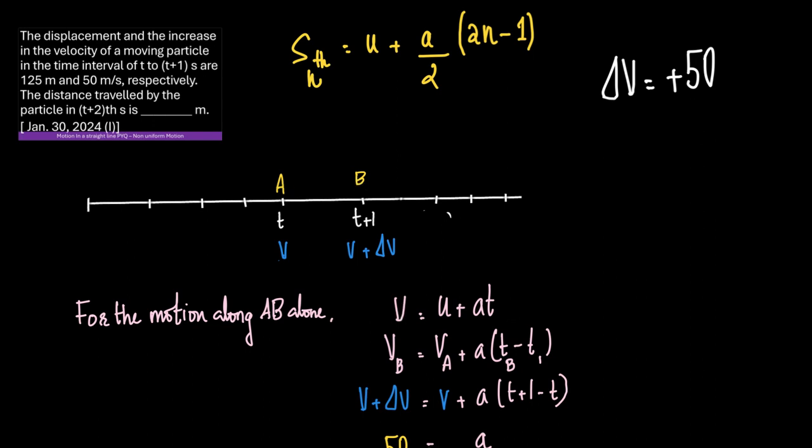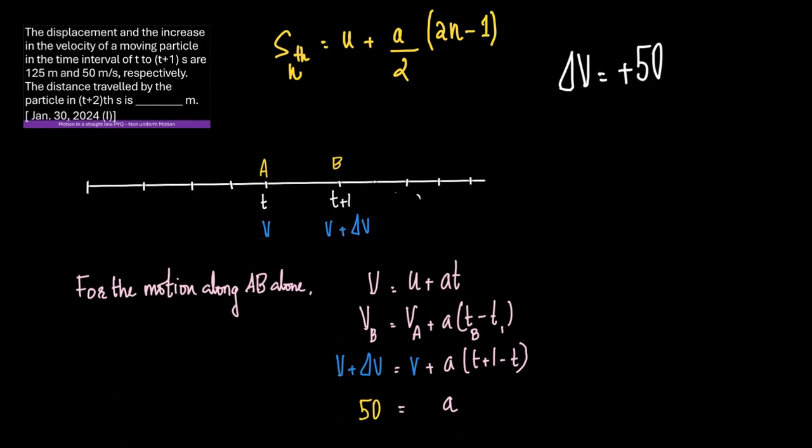What is v? Final velocity, which is velocity at B. u is velocity at A. Acceleration is a. t would be the time difference, t plus 1 minus t. So for this motion, we get v plus delta v, which is velocity at B, minus velocity at A, which is v, equals a into t plus 1 minus t, which is 1 into a. v minus v is 0.